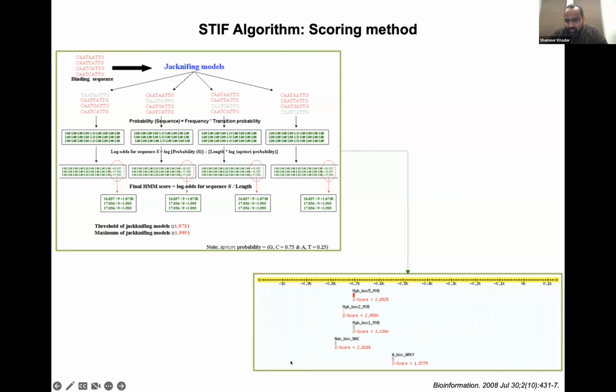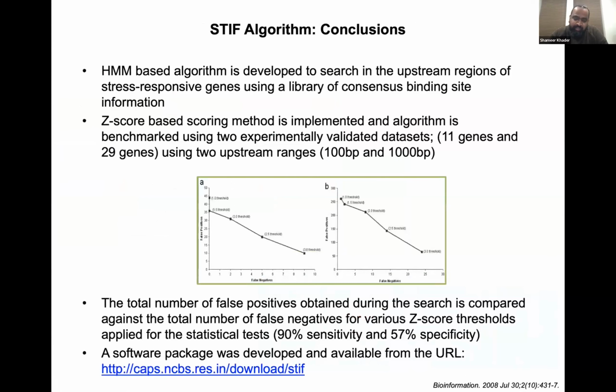You get the genome, you could find the position, map it. This was all done using BioPerl, not even Python. And we came up with the algorithm. We benchmarked this against two experimentally validated genes. It was picking up nicely, with 90% sensitivity and 57% specificity as well.